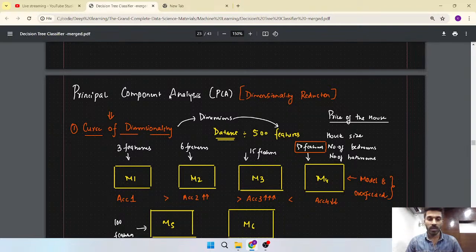Why is principal component analysis basically required? So let's talk about PCA.